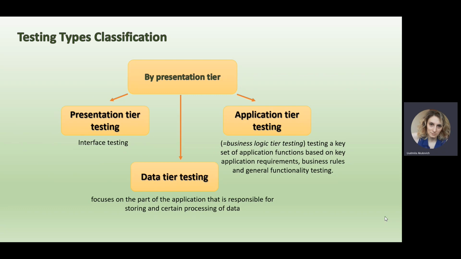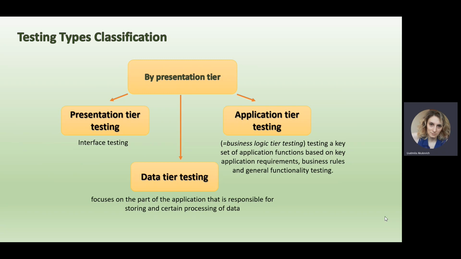The next layer, tier, is application tier testing, or the synonym, business logic tier testing. This application tier testing focuses on finding errors in the business logic of your internet application. You will find this layer very similar to testing a standalone application in that you can employ both white and black box techniques.